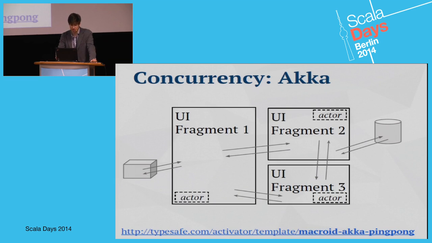So this really seems like a good use case for Akka or for the actor model in general. So you can attach an actor to every piece of the interface, and then use these actors to communicate with each other and with the external services.